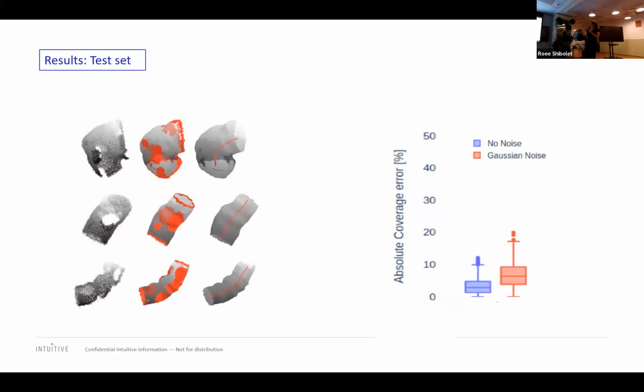We added Gaussian noise that was very different from the noise with which we trained the network, just to see if it was robust to different kinds of noise. Without noise, we got 3% mean absolute coverage error, and with the noise, we got 6% mean absolute coverage error, which is not so big. So how does it look on the actual output of the SLAM, which is what interests us?